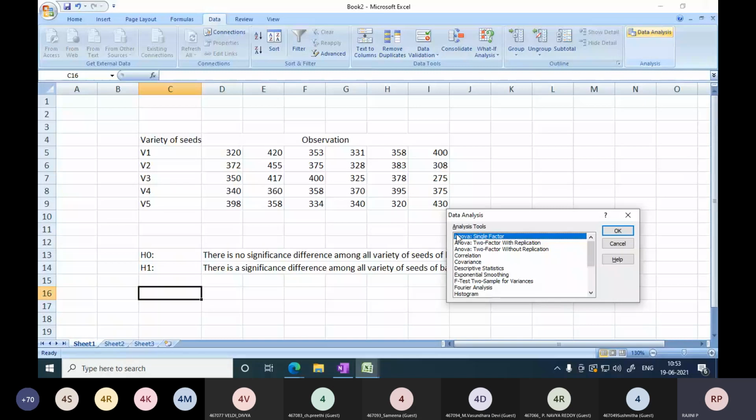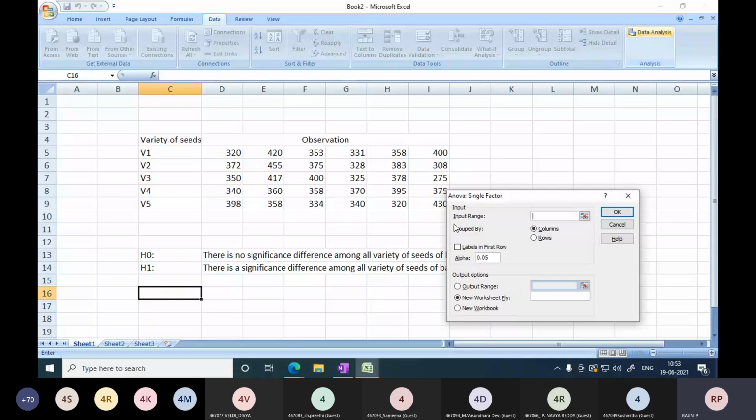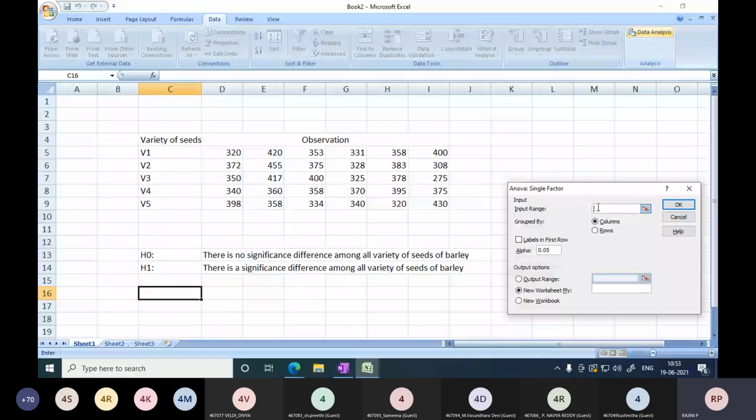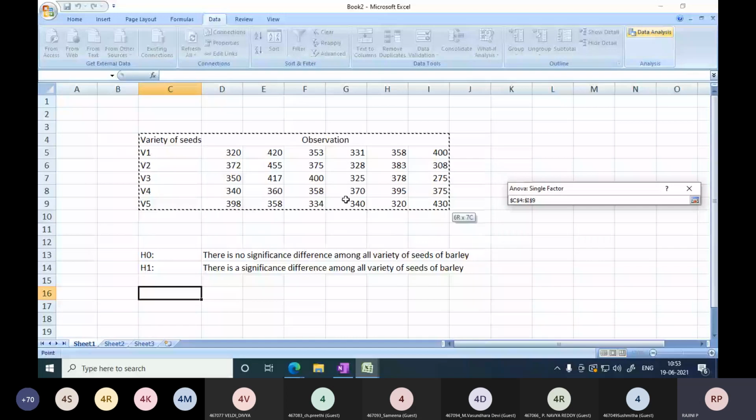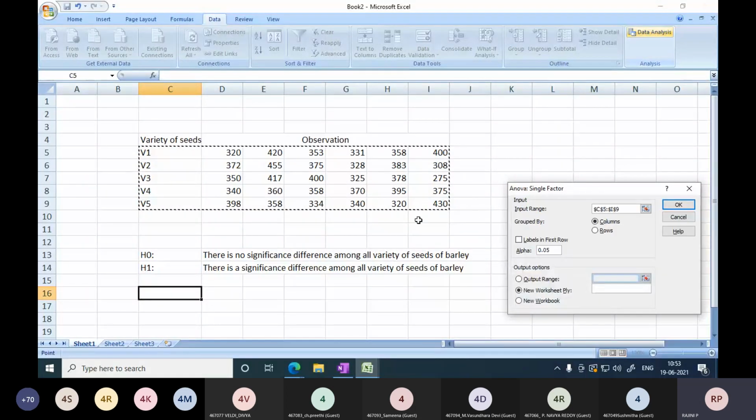Then it is asking for the input range. Input range means you need to select the entire data you have. So from here, just select the data. And now check whether the data is in rows or columns.